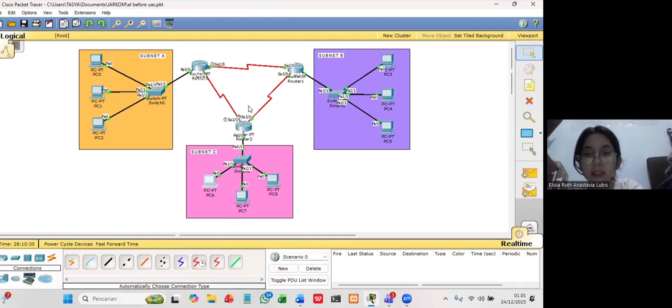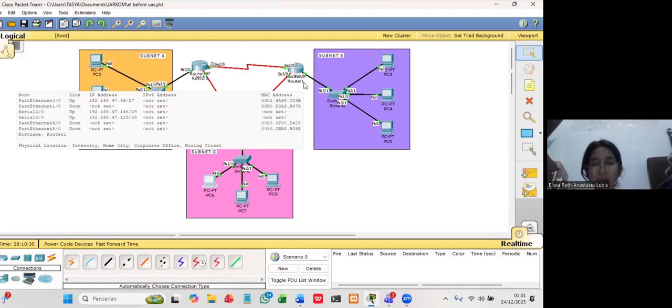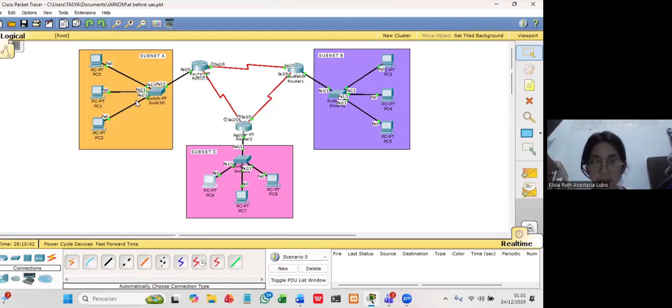The next subnet is LAN B with 28 hosts using a /27 subnet mask, followed by LAN A with 14 hosts using a /28 subnet mask. For the WAN connections, smaller subnets are used, such as /28 and /26, because only a few IP addresses are needed to connect routers.